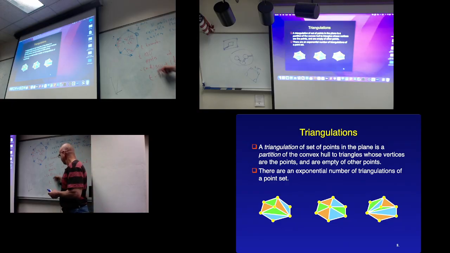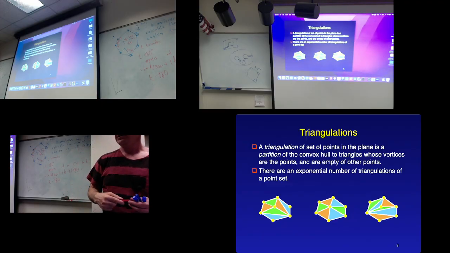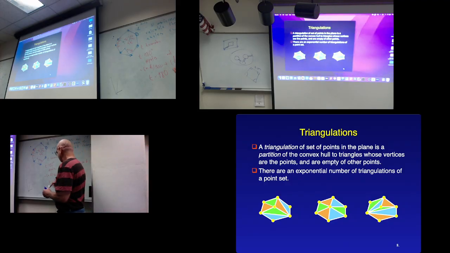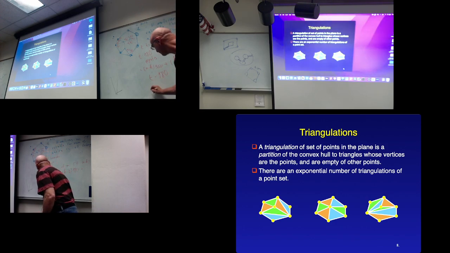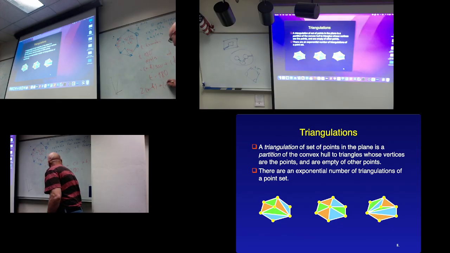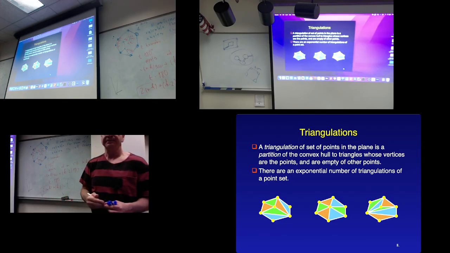So now divide everything by 180, and you have an expression for how many triangles you have: n minus h times 2 plus h minus 2 equals t. And you can rearrange it a bit.